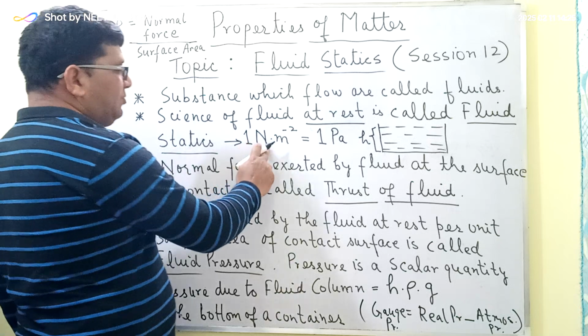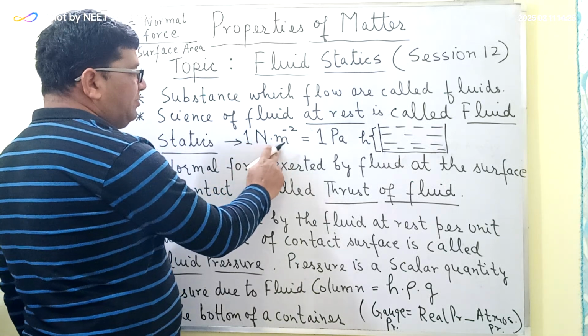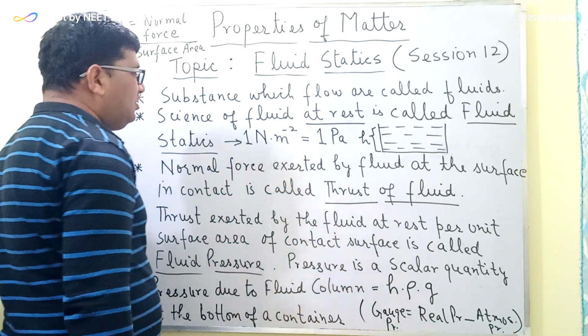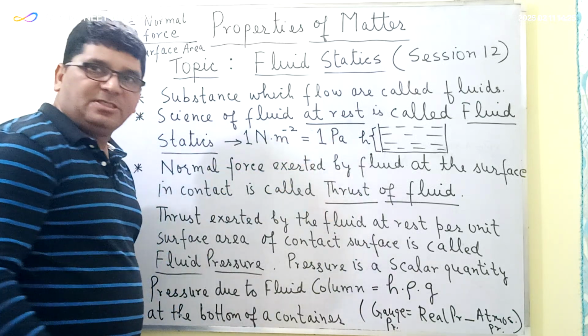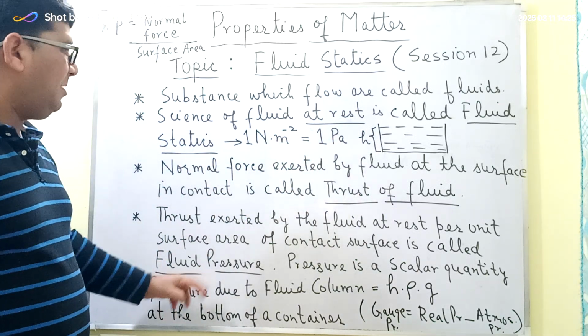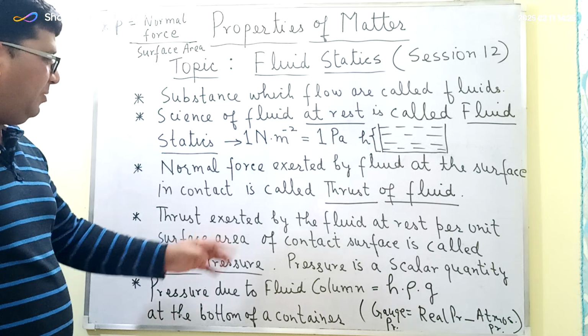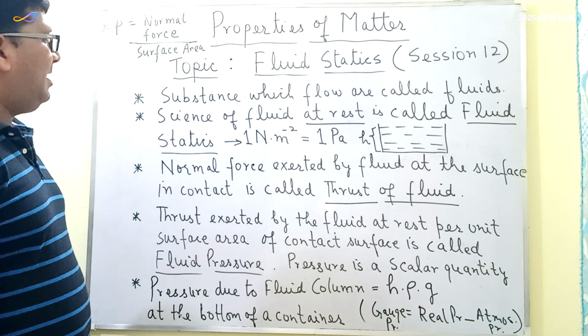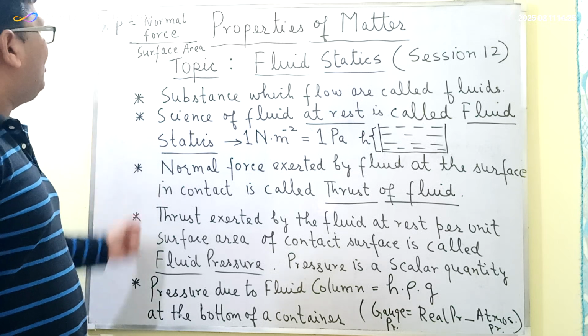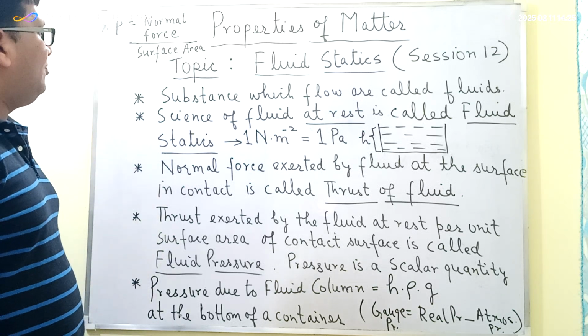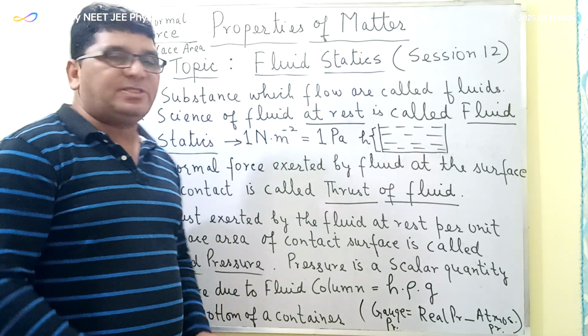And the unit of the pressure is Newton per meter square, which is equal to 1 Pascal, where Pascal is another unit of the fluid pressure, and fluid pressure is a scalar quantity. So these are some of the important points with respect to the topic of fluid statics.